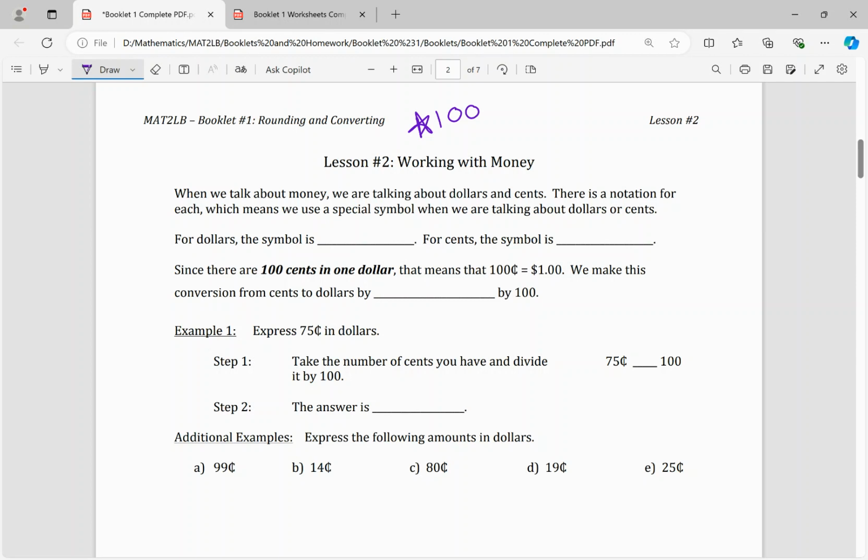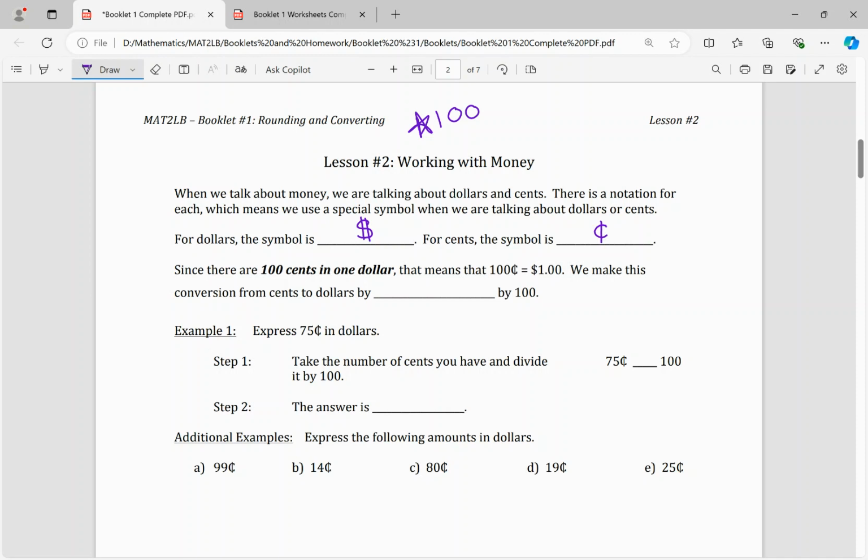There is a notation that we use for each, which means we use a special symbol when we're talking about dollars or cents. Now, we're all familiar with the dollar symbol, which is an S with 2 lines that go through it. The cents symbol is a C with 1 line going through it.